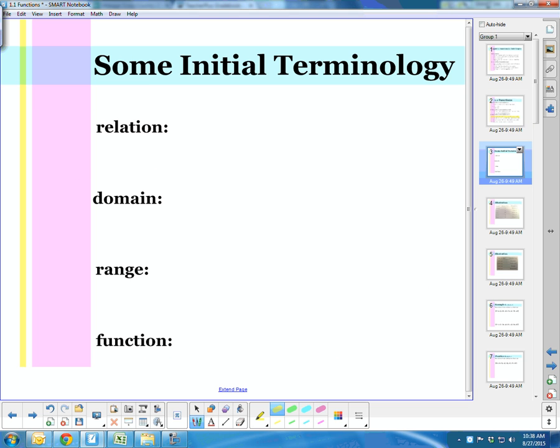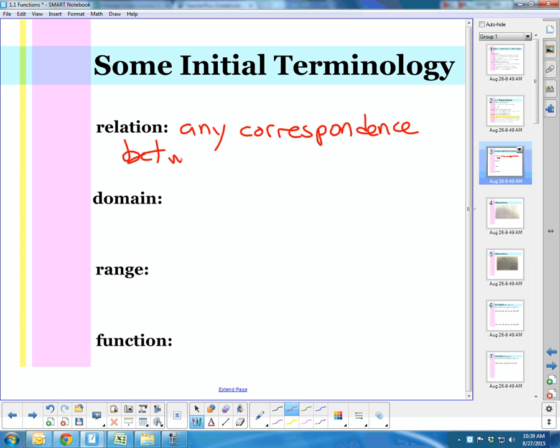All right, so here we go. Some initial terminology, which you may or may not have seen before. We'll go through it at a moderate pace. A relation, a mathematical relation, is any correspondence between two sets.